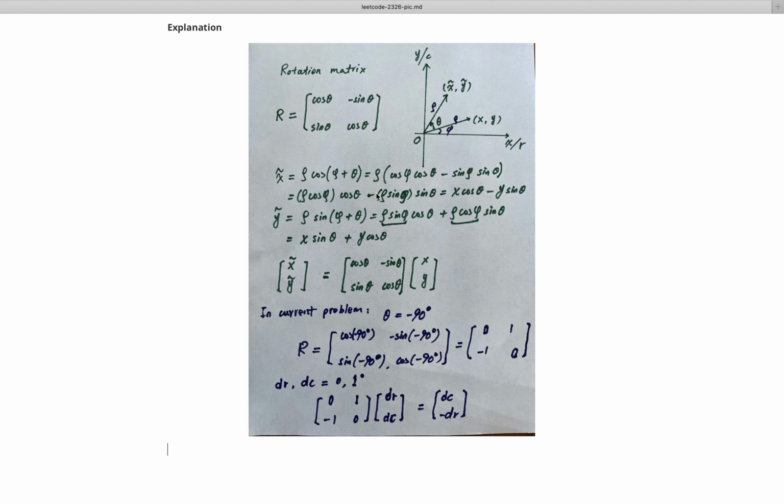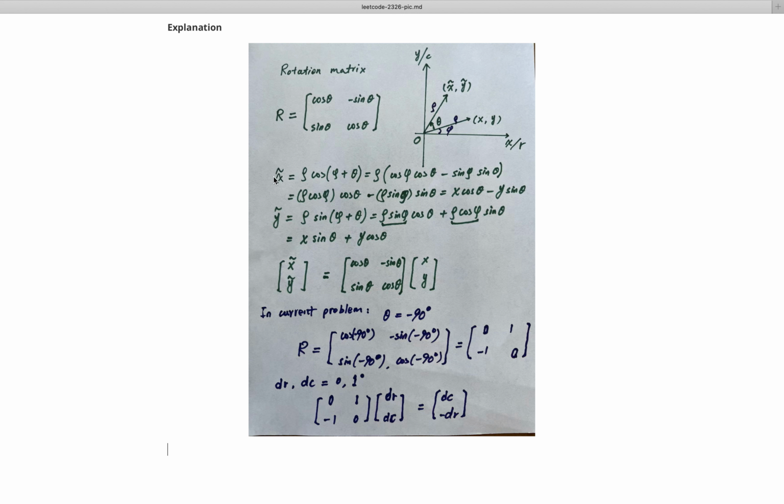But notice rho cosine phi and rho sine phi equal the original x and y respectively. So we can write it as x cosine theta minus y sine theta. Similar for y. So here rho sine phi is y, so we have y cosine theta. And rho cosine phi is x, so we have x sine theta.